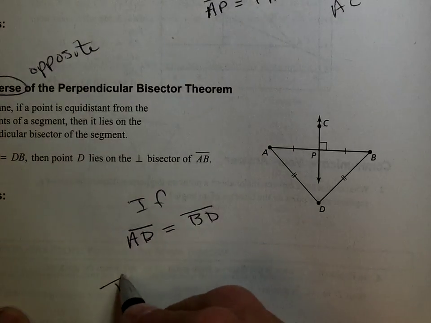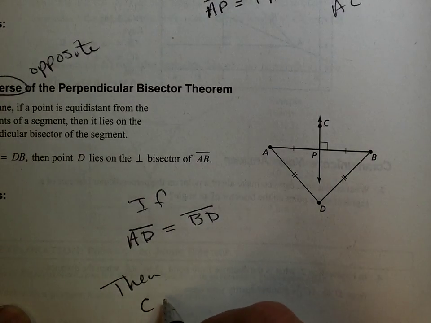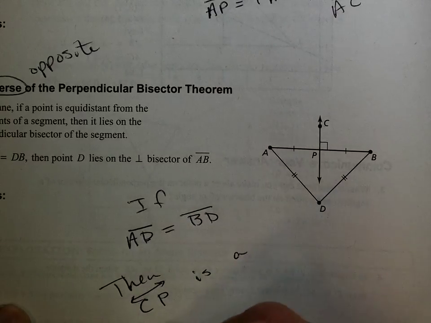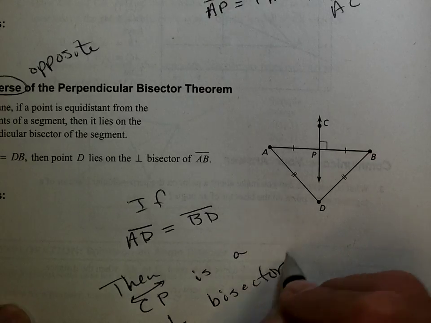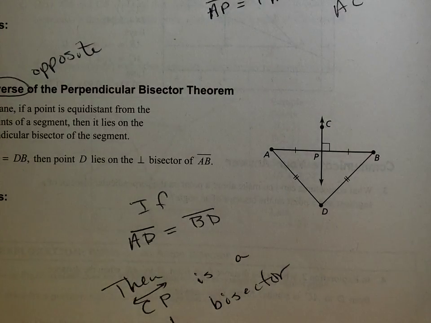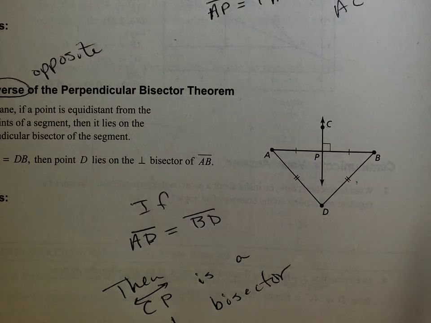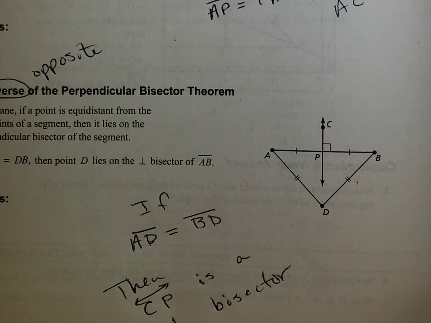Then we can say that line CP is a perpendicular bisector, okay? So it's just saying the opposite. If these two sides are equal, right, and these two sides are equal, then this must be a perpendicular bisector, okay?